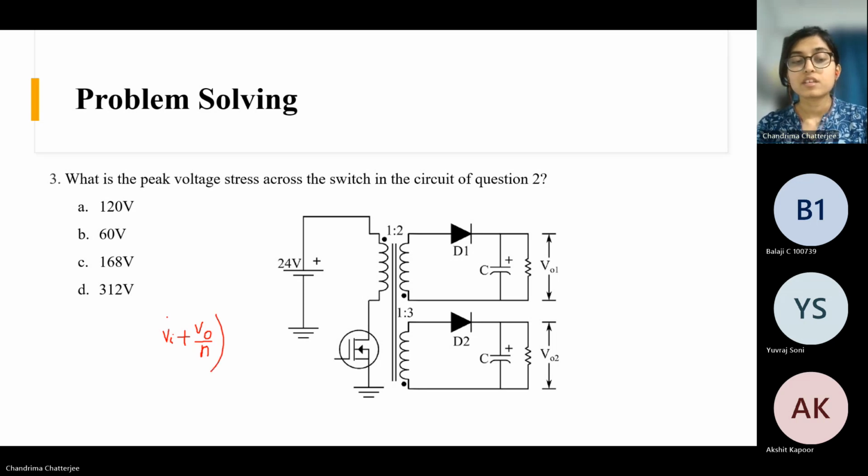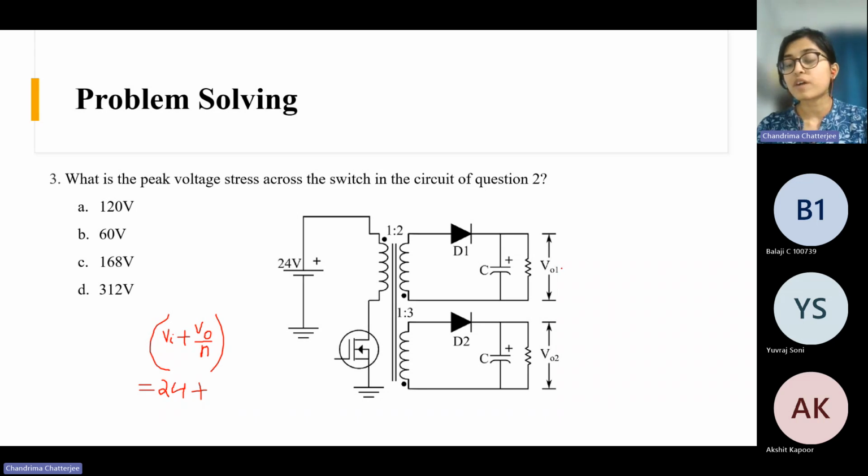Here we have two output voltages, so you can take any of them and calculate the switch peak voltage stress. So this is 24 and V naught. Suppose you take this V naught.